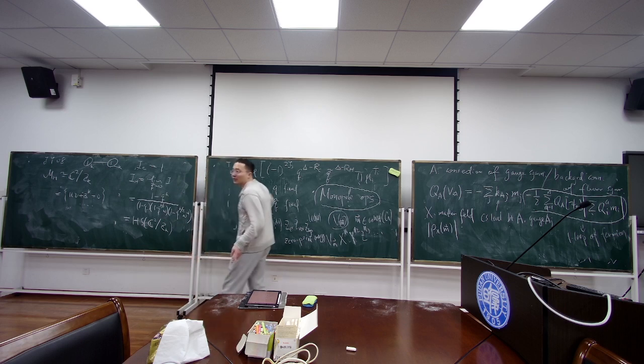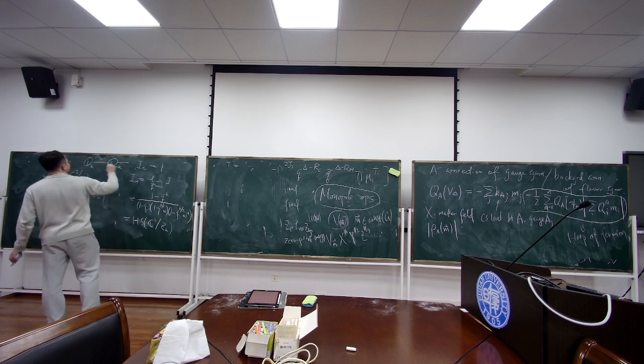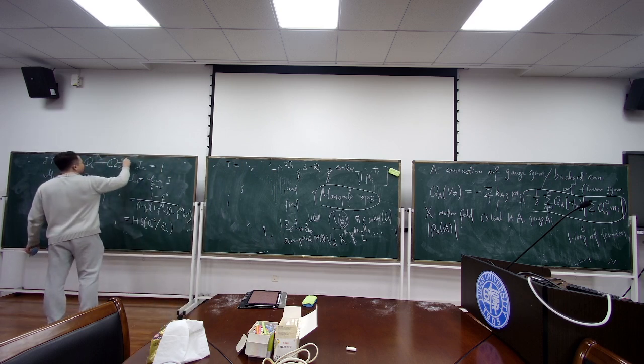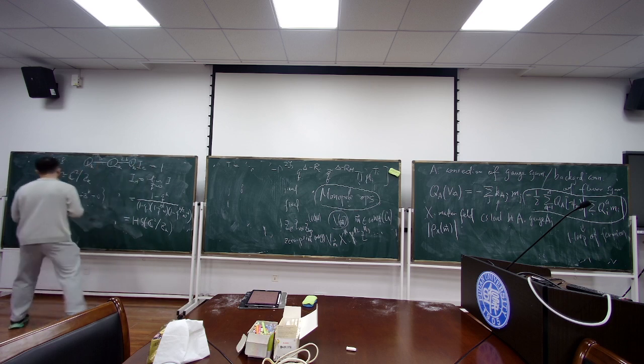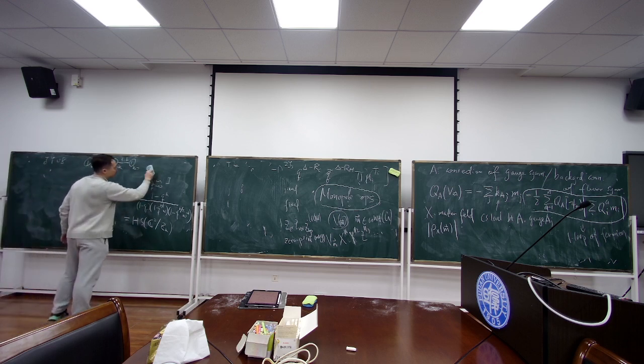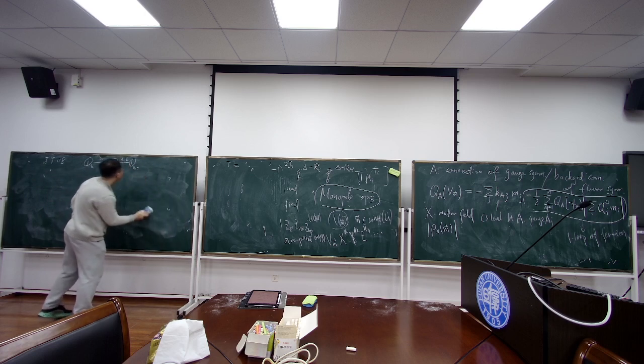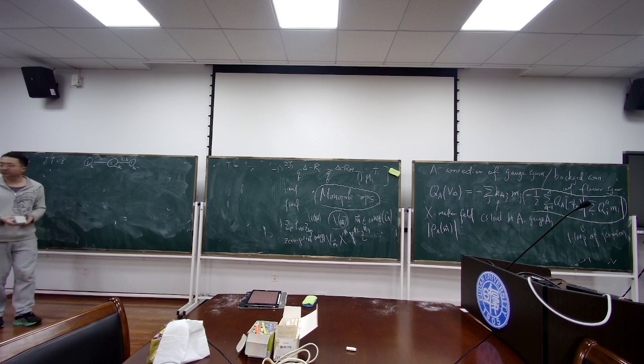Okay, now to answer your question. For example, now once I have a hyper and a twisted hyper, it's actually a bit funny. This is a self-mirror case.